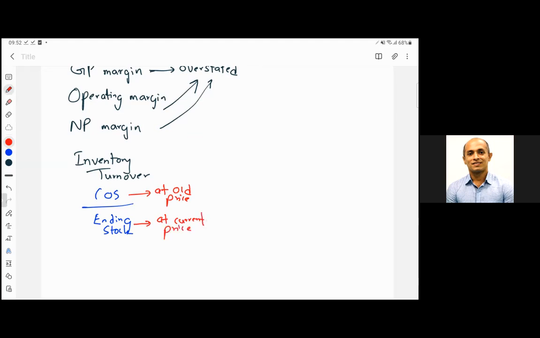In an inflationary situation, current price is higher than old price. Then your cost of sales has been understated. Then what is the implication to the turnover? Turnover is understated.